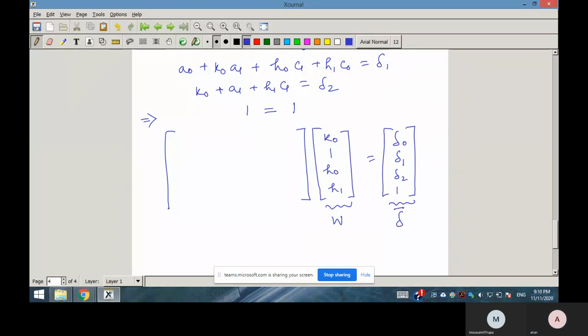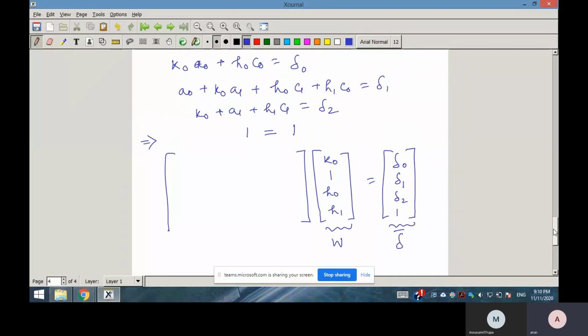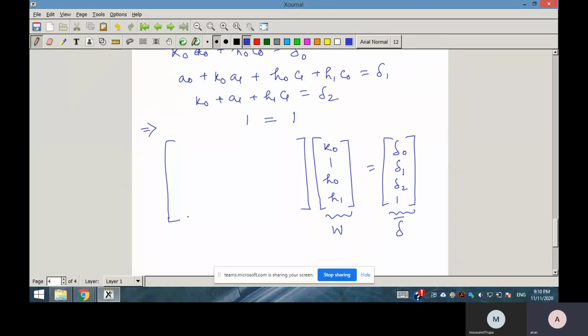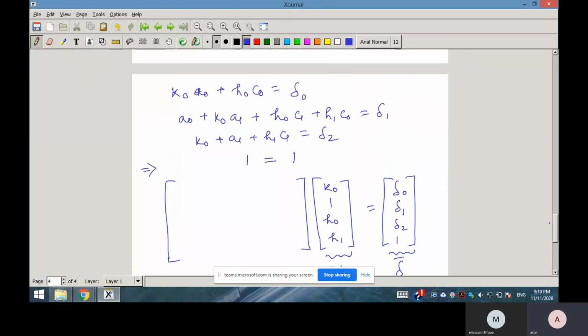Suppose this is your w, and this is your delta bar. Ultimately, what will this matrix be? From the first equation: a naught, c naught, 0 for the coefficients.